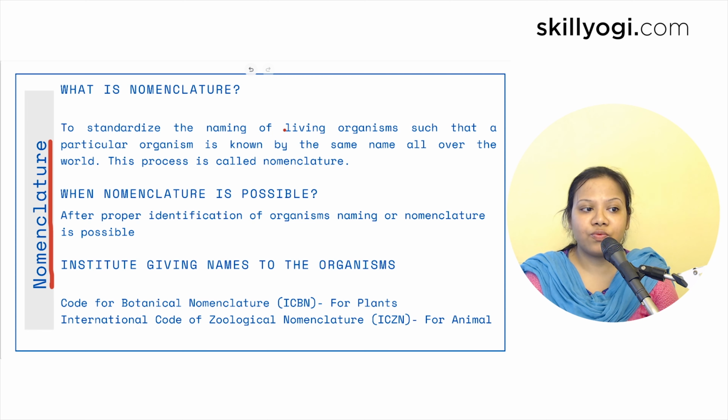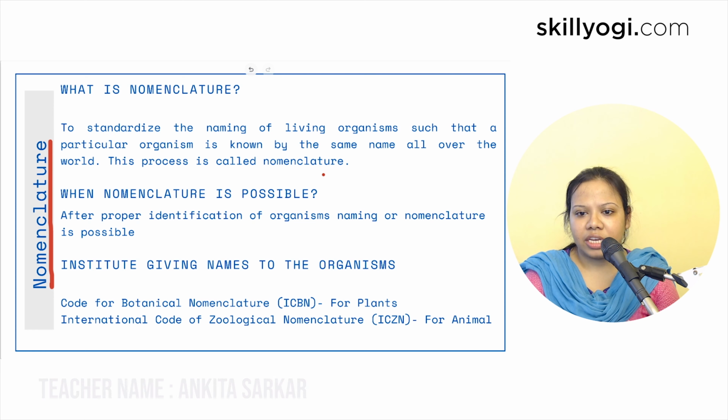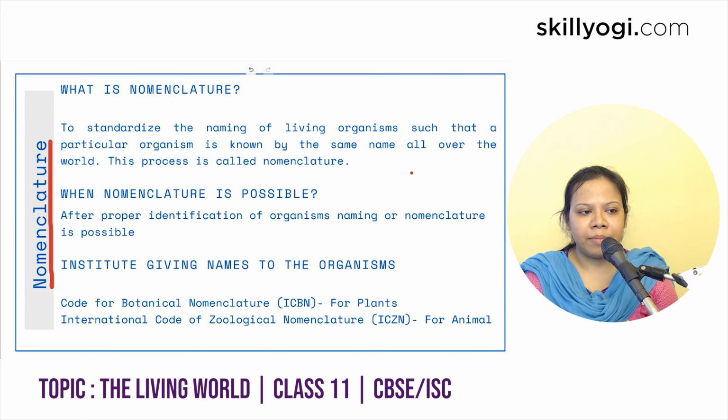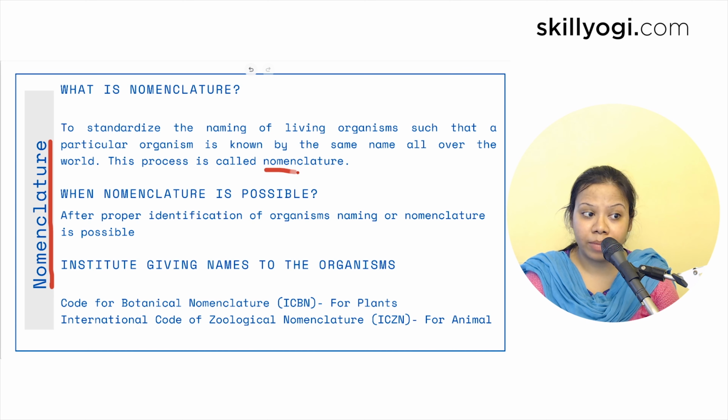Without naming them, we cannot identify those species, or we cannot standardize their naming. If we cannot standardize their naming, then we cannot identify them. So naming is very important. Naming is giving a name, and it is known as nomenclature.